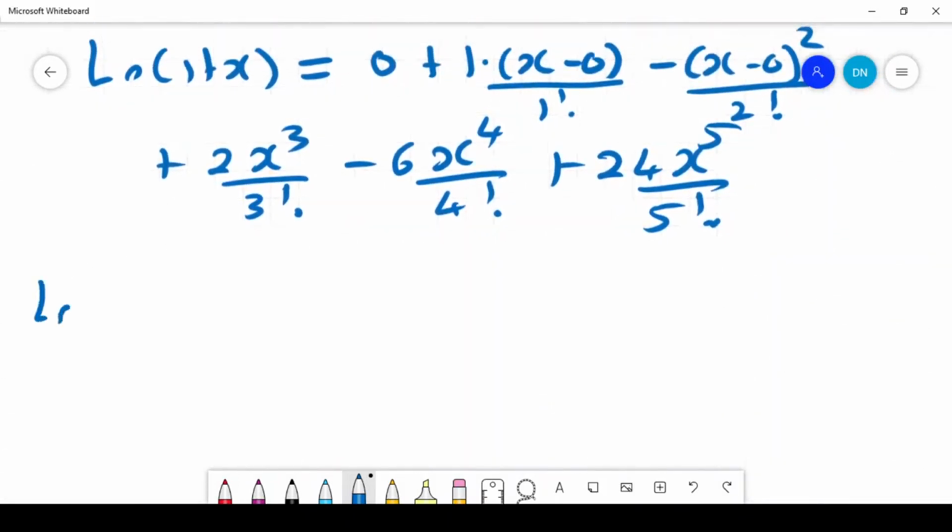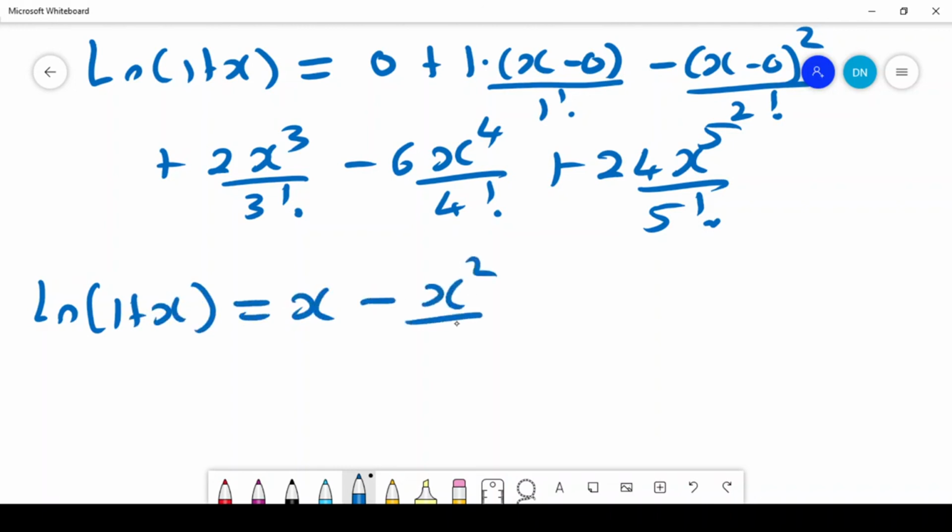It's always very important for us to learn to simplify our mathematics. Therefore, we have ln of 1 plus x is equal to x minus x squared over 2 plus. Now, what is 2 divided by 3 factorial? Remember, 3 factorial is 3 times 2 times 1. So one of them divides, so it will be x cubed over 3.